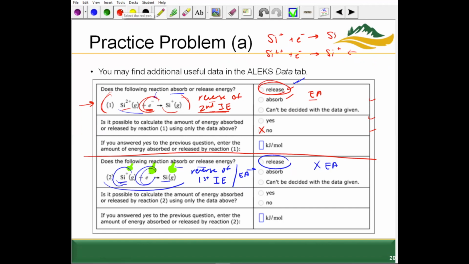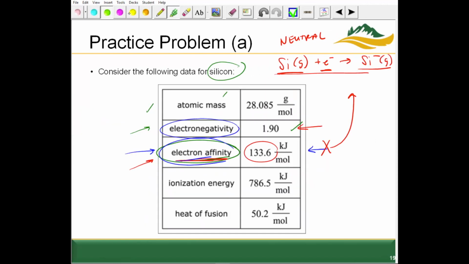So instead of thinking of this as electron affinity, it's really just the reverse of the first ionization energy. So which one of these numbers actually matches up with what we need? Well, it's the first ionization energy, but it's the reverse of this first ionization energy.